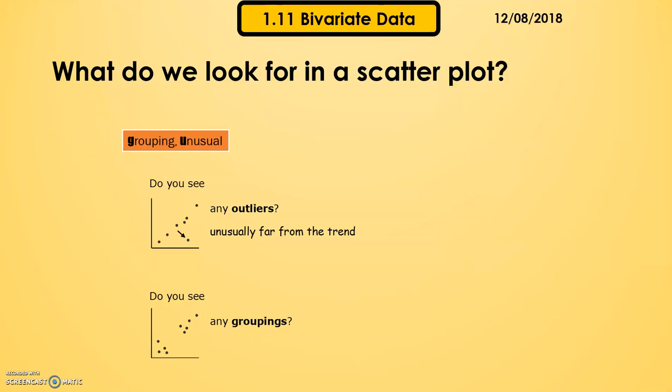The G and the U stand for outliers and groupings. Outliers need to be away from the relationship. You have to be really careful that we don't call things like this an outlier, even though they're in two separate groups, because they still fit the same pattern.